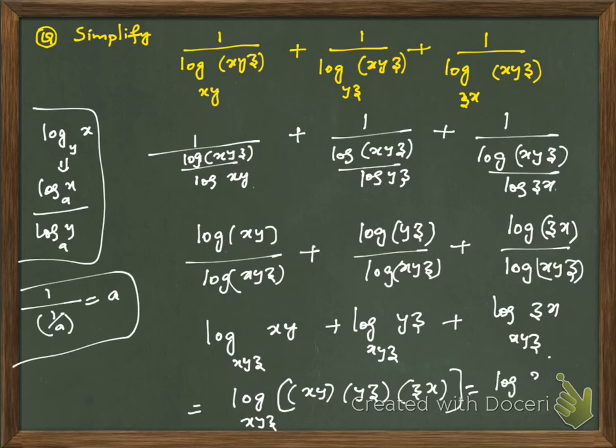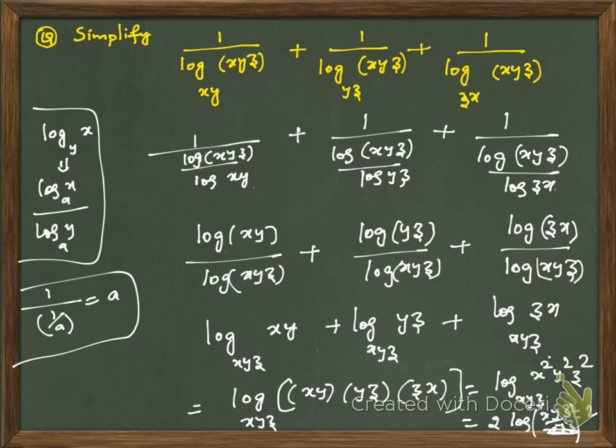So that is log of x square y square z square to the base xyz. So that will give you 2 log of xyz to the base xyz, that is equal to 2, because log of xyz to the base xyz is 1. So you will get 2.